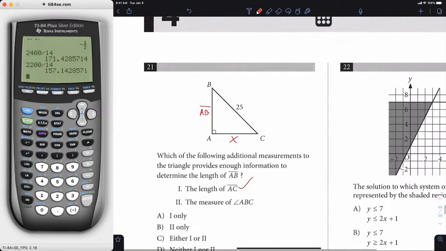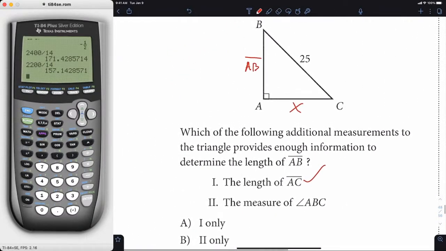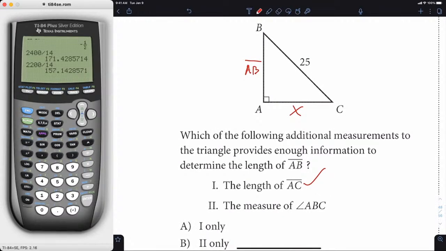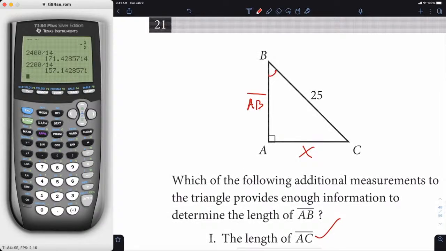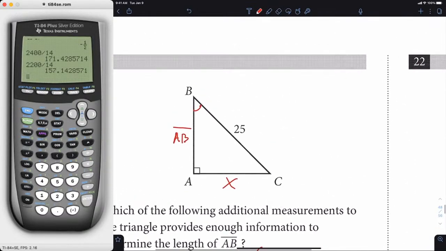But could we find the length of AB with the measure of angle ABC? Well, that's this angle here. Wow, okay. Yeah, we could, right? Because the cosine of angle ABC is equal to the adjacent side, which is AB, over the hypotenuse, which is 25.